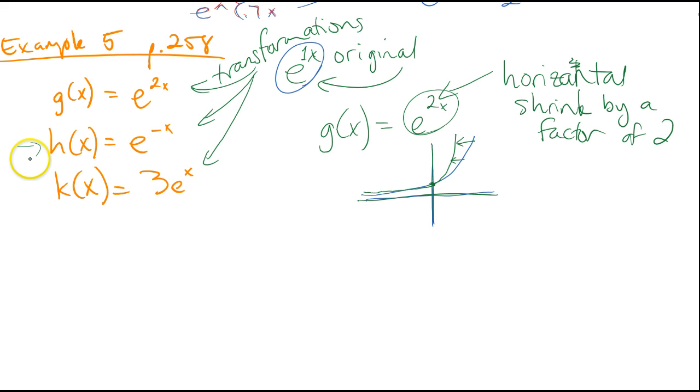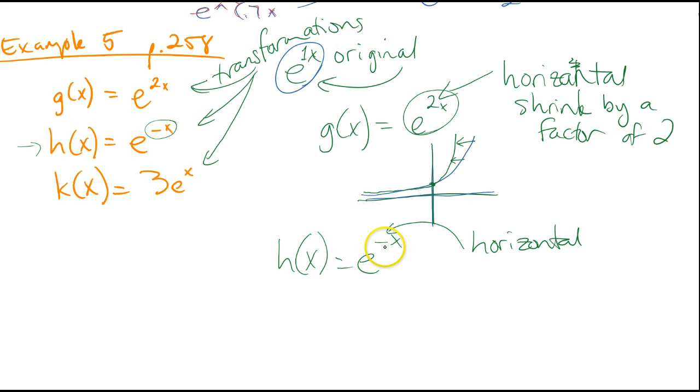So next one, h of x equals e to the negative x. Again, we're doing something to the x before continuing on with the rest of the function. So this will be a horizontal thing, and with the negative sign you can think of it as a reflection. So what does it mean to start with your original function and reflect it horizontally?